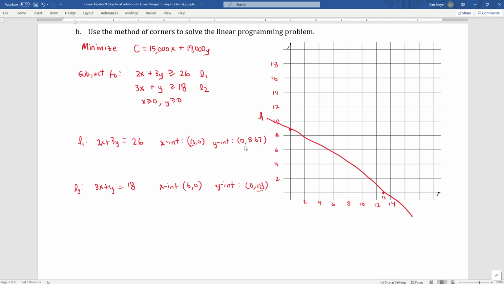And if we test the origin here, plugging in 0 for x and y in this inequality, I get 0 is greater than or equal to 26, which is false. So we want to be pointing away from the origin. And the second line has an x-intercept of 6 and a y-intercept of 18.